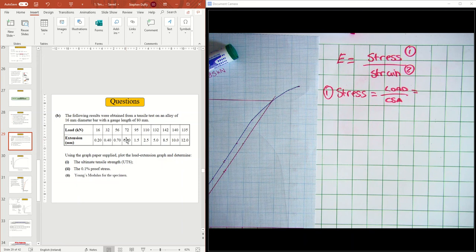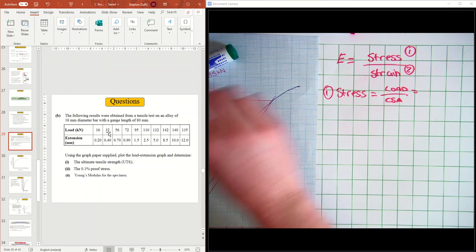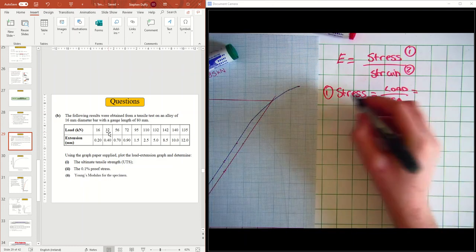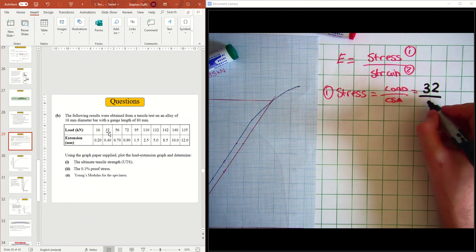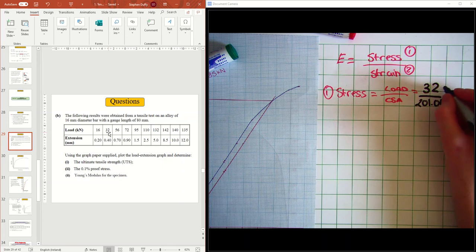What I always say is, when calculating the Young's modulus, always take the second point in the graph, because we know that's definitely in the elastic region. So I'm going to take the load as 32 and the extension as 0.4. I know the cross-sectional area, from calculating it earlier on, is 201.06 millimeters squared.